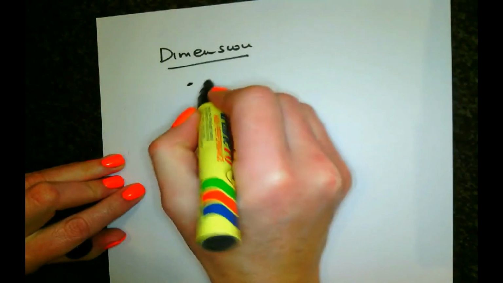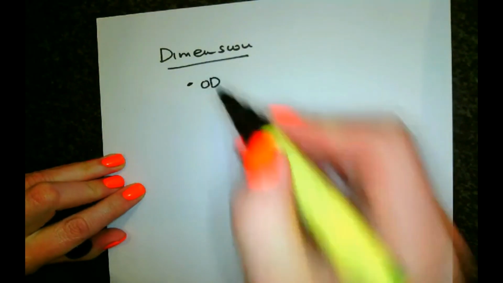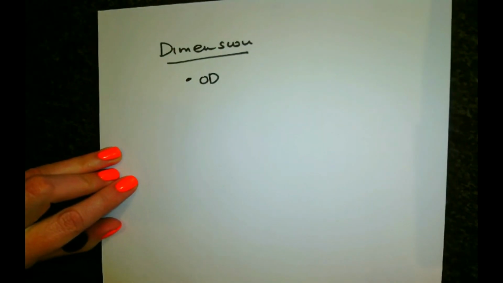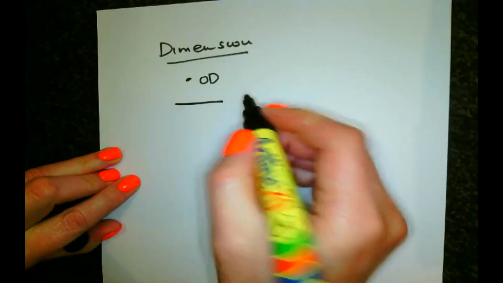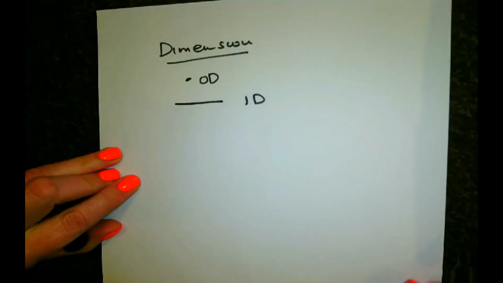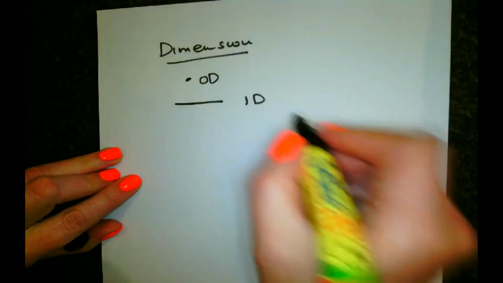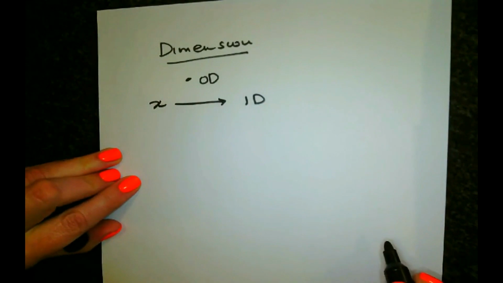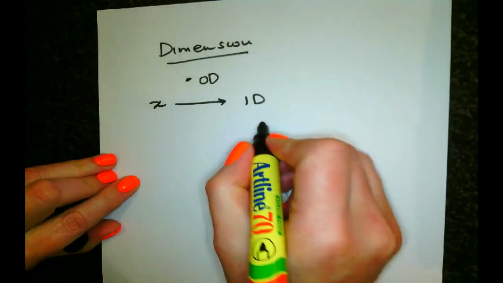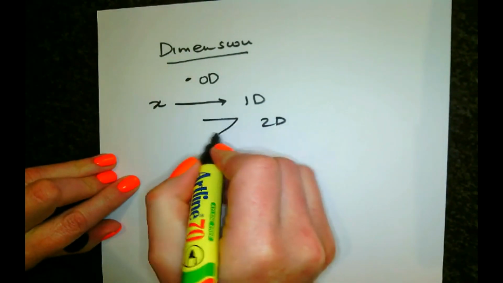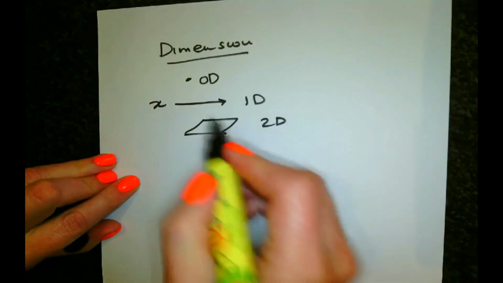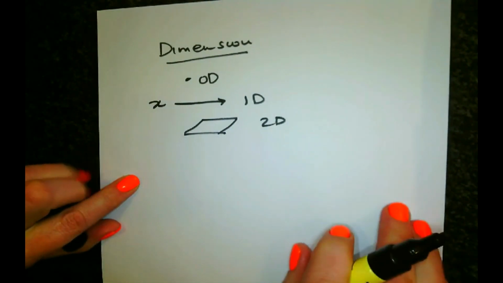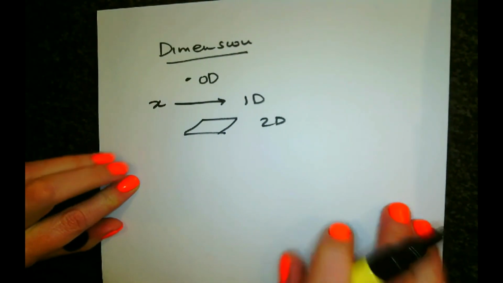When we talk about something being a single point, that would be 0D. A line is referred to as a one-dimensional system, and that we would typically refer to as the x direction.